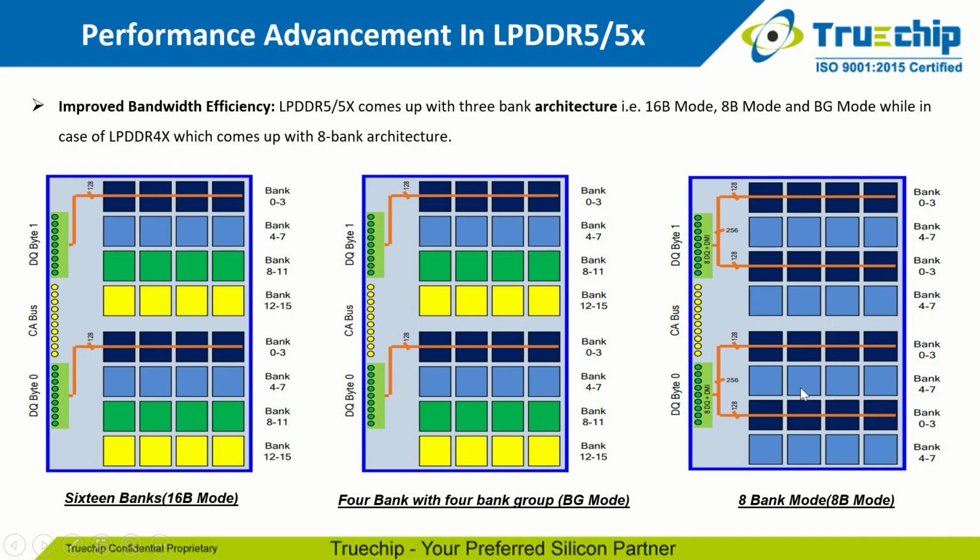Now you can see on the diagram how the architecture of 8 bank mode is designed. In this diagram, there is a CA bus and there are 8 banks distributed for DQ bytes data.